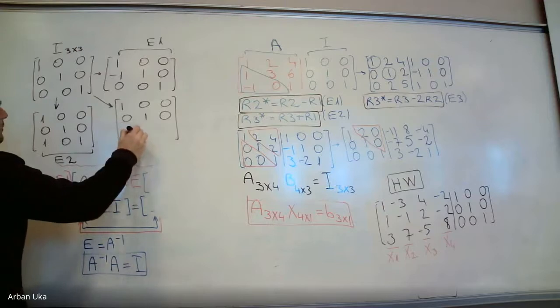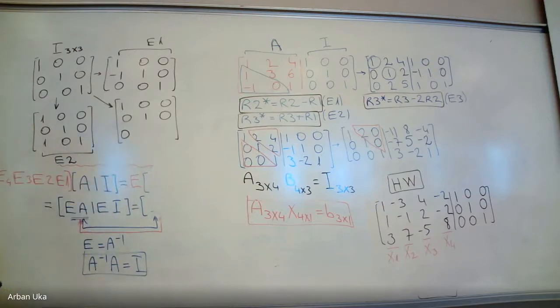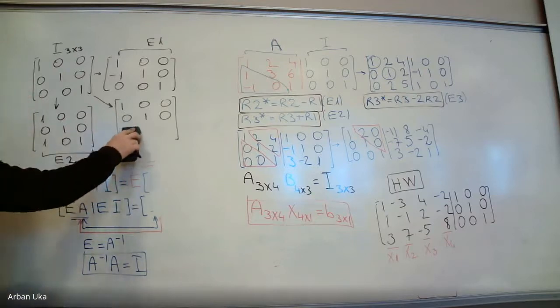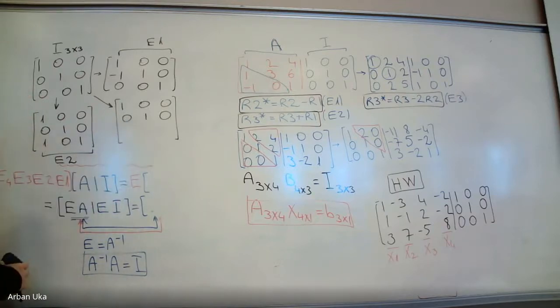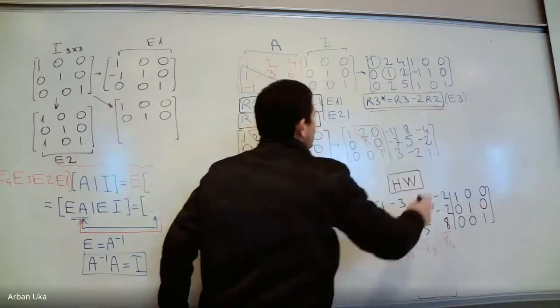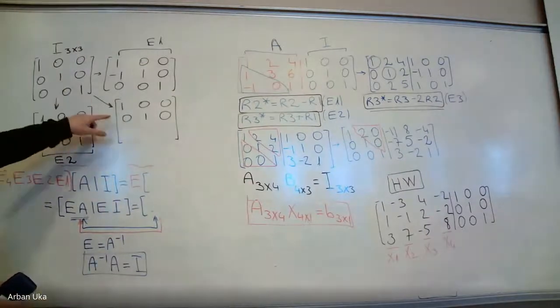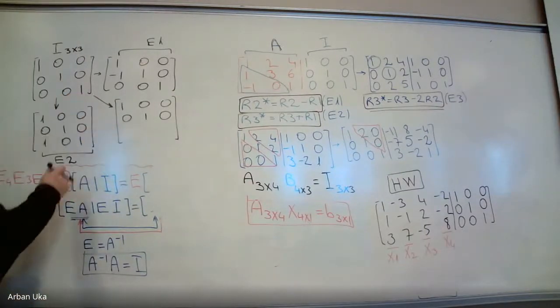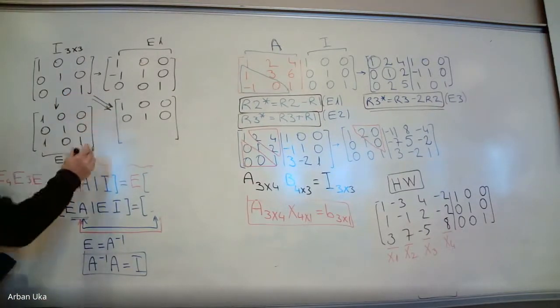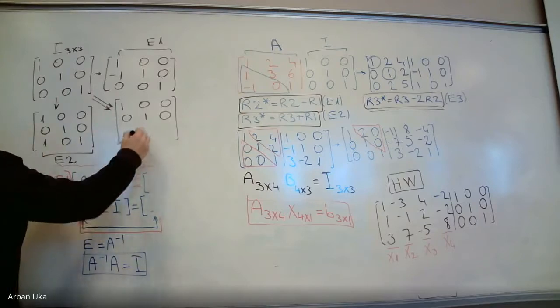Minus 1, 0, and... you said minus 1? Say it again. Oh, so we should transform this from the identity matrix, from the first one. Yes, it's from the identity. So from here we go here. Oh, okay. It's minus 2, 0.